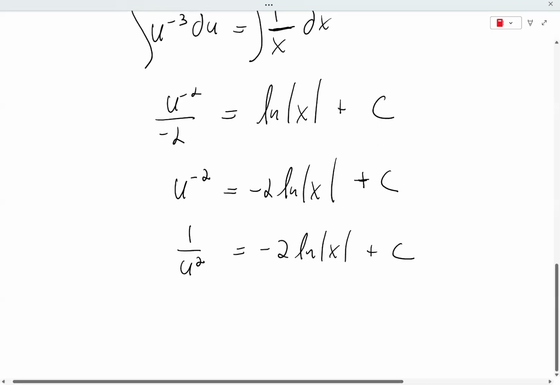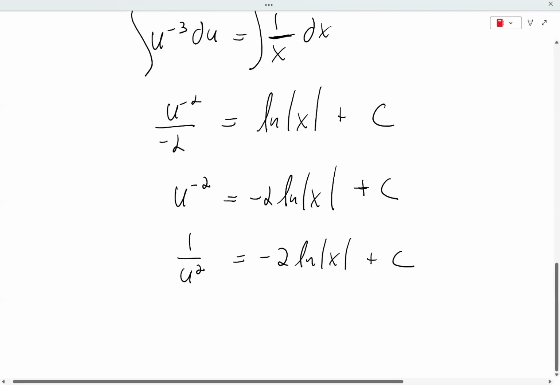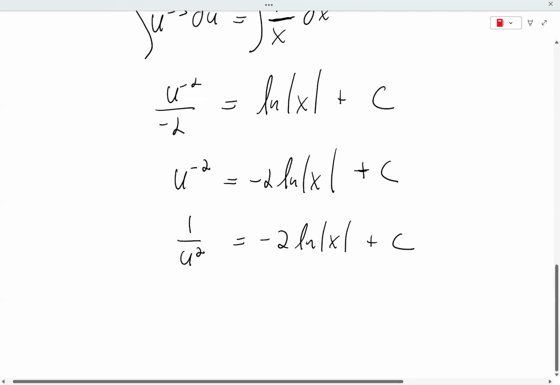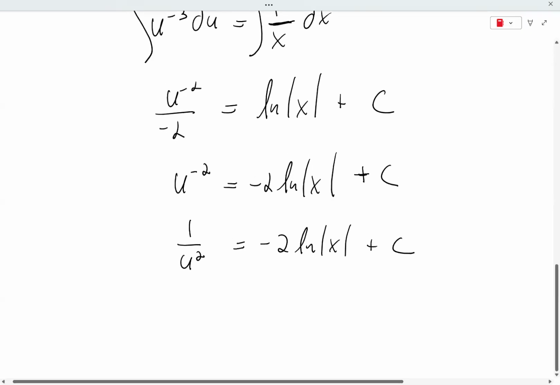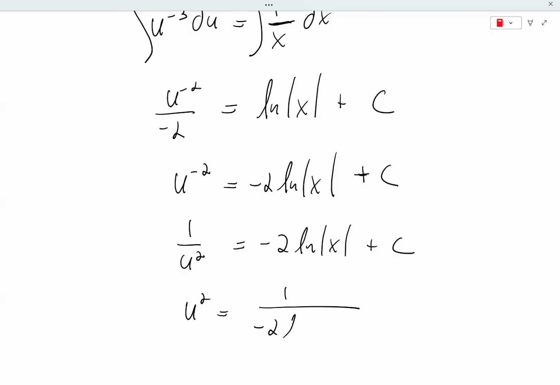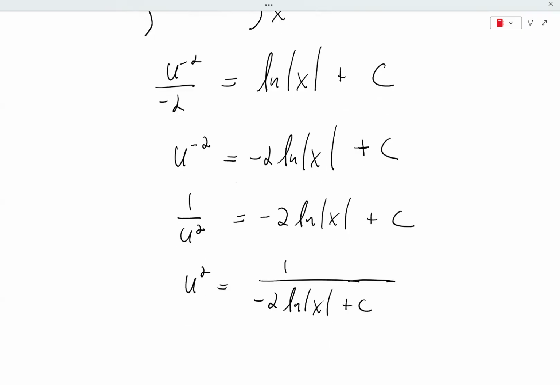We got this here. And so basically, when you turn this around, you get this here. Okay, so I have 1 over u squared here, and that means u squared is equal to 1 over this. This is u squared here.